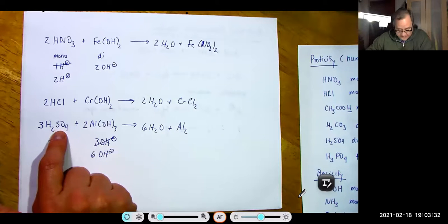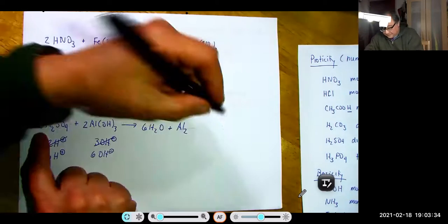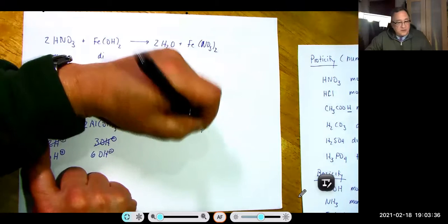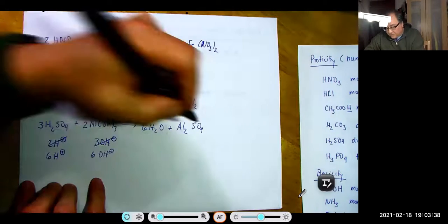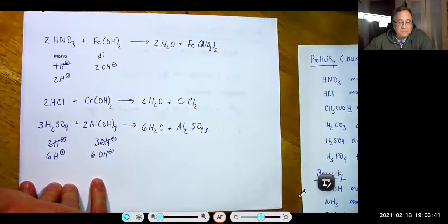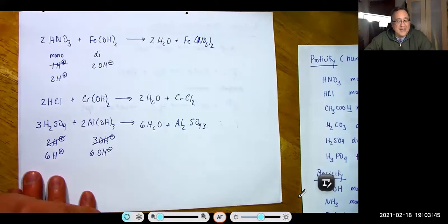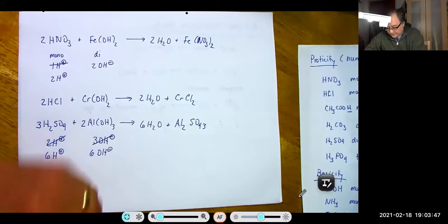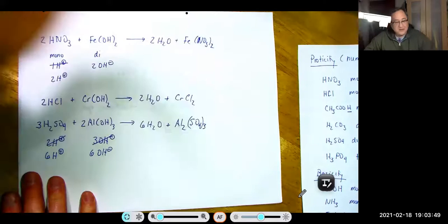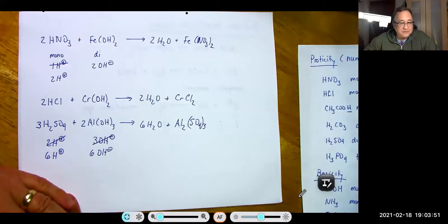The sulfate. 3 of them. So how does this look for 3 sulfates? Good or bad? Bad. That's 43 oxygens. There's your balanced acid-base reaction. Any questions about that?